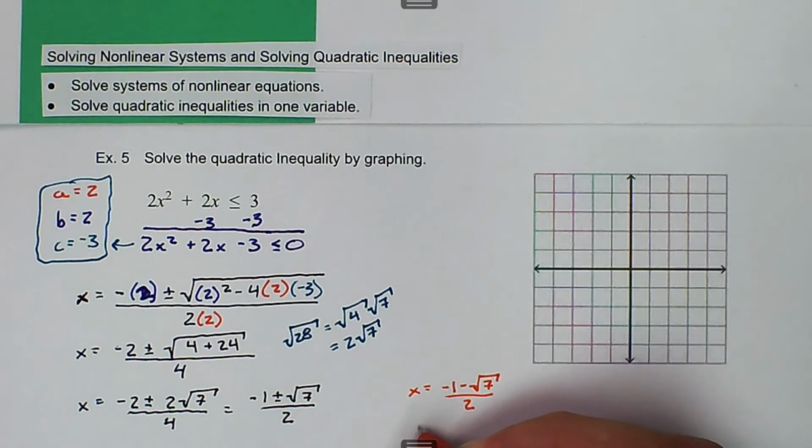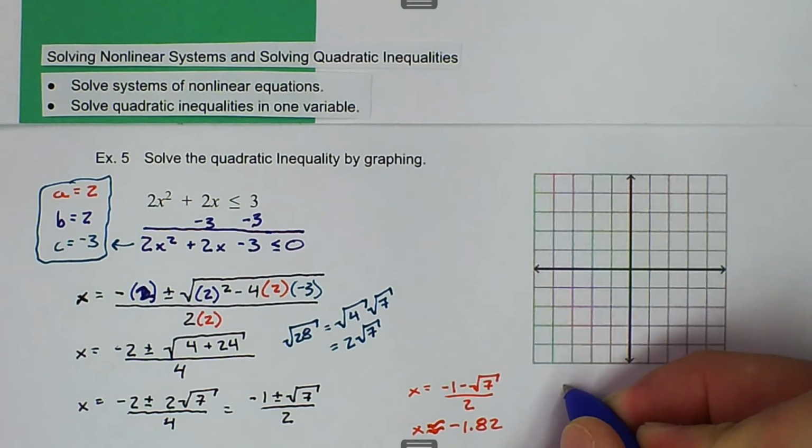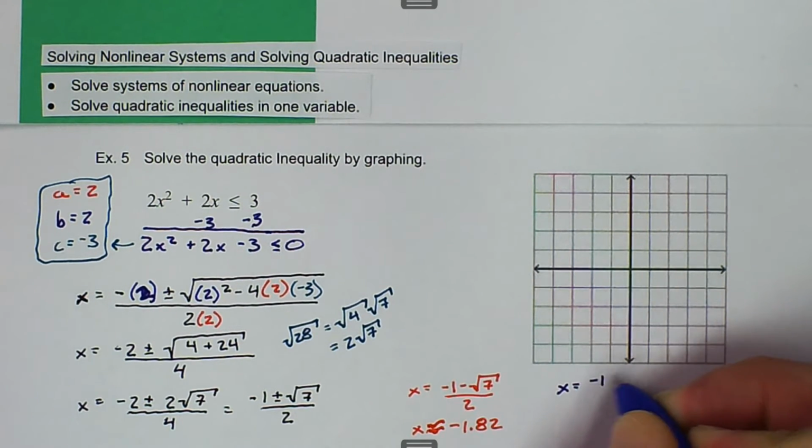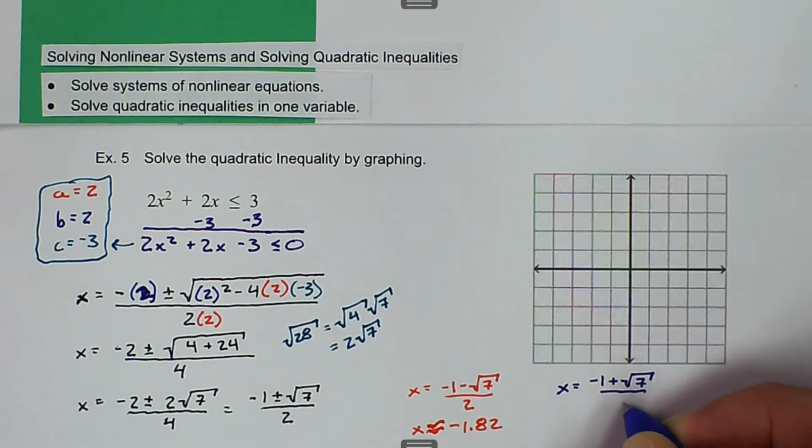And in that case, we're going to get x approximately equal to negative 1.82. And then the other option is x equals negative 1 plus the square root of 7 divided by 2.